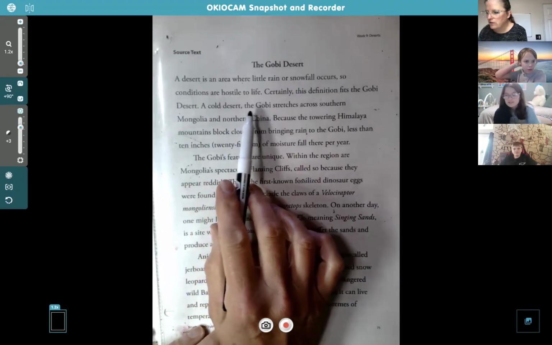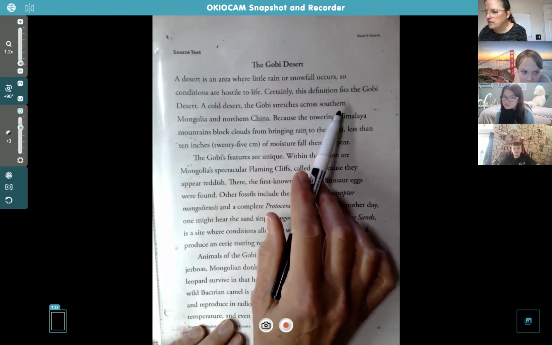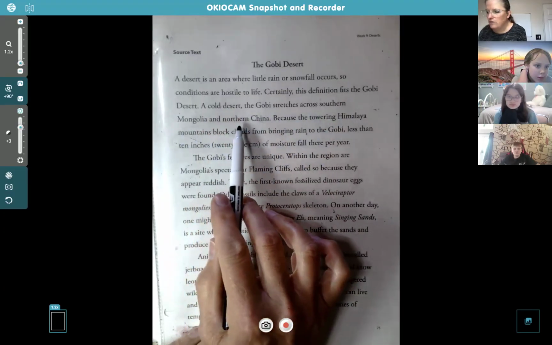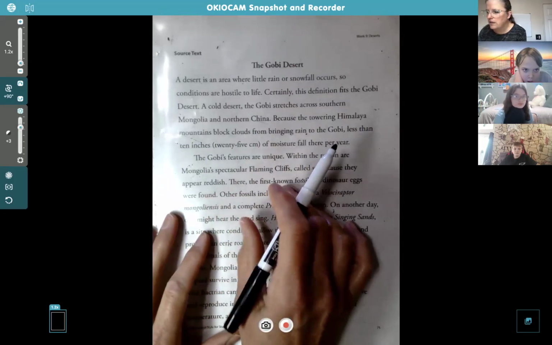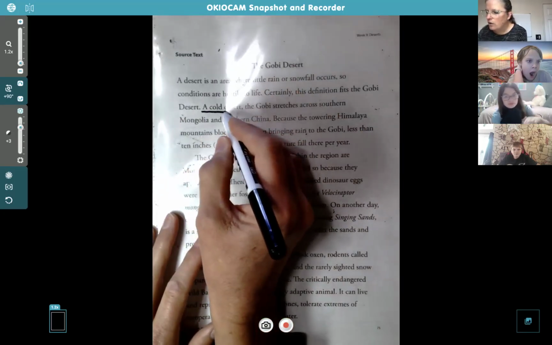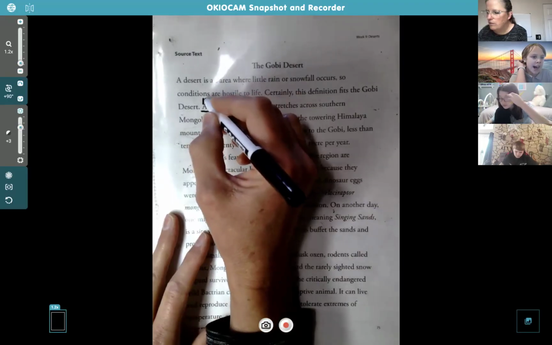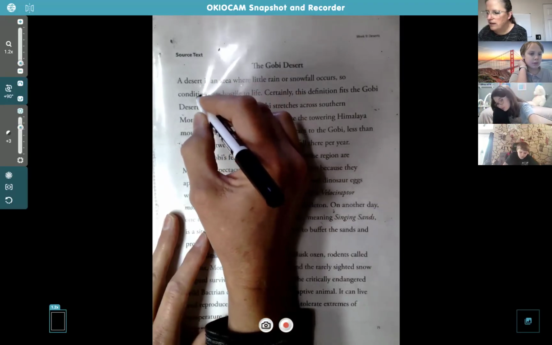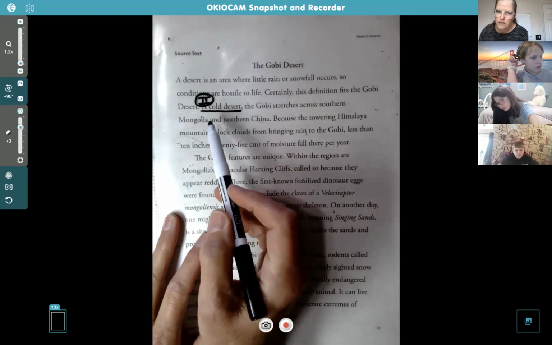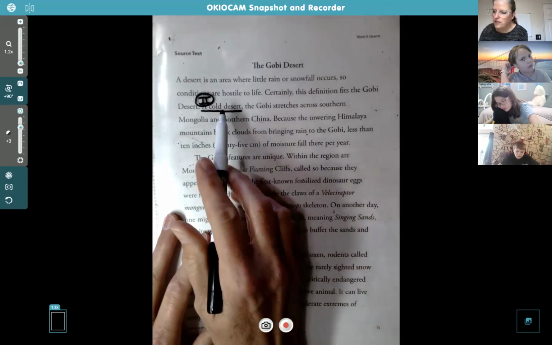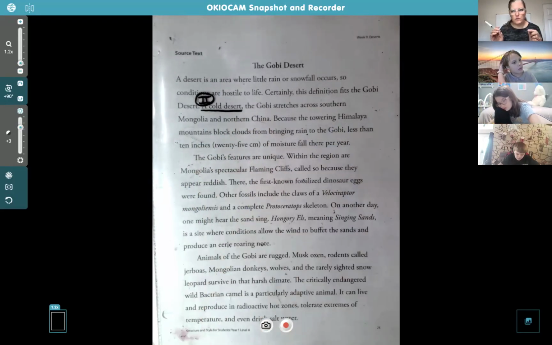Okay, so I'm going to underline a cold desert and put a Roman numeral 2 here and go ahead and circle it, because this would be a good word to use next to Roman numeral 2 where you have Gobi Desert. I think we'll write cold there when we get to that point.